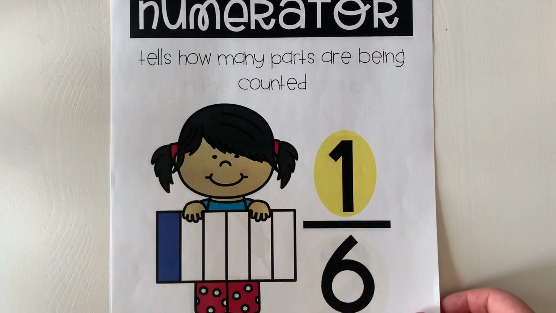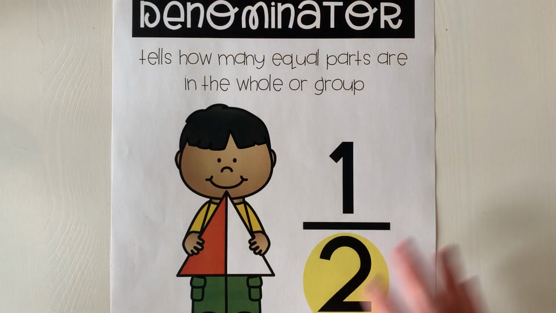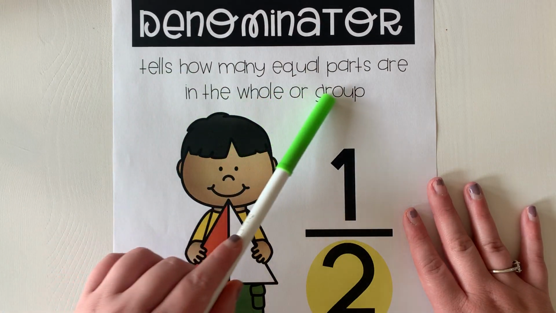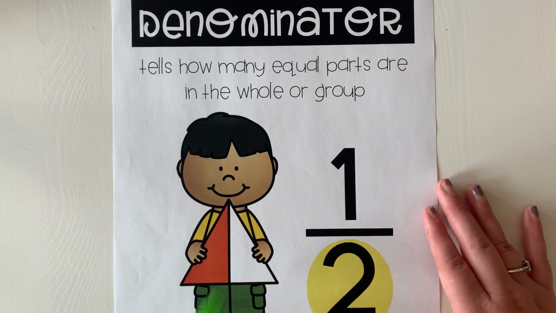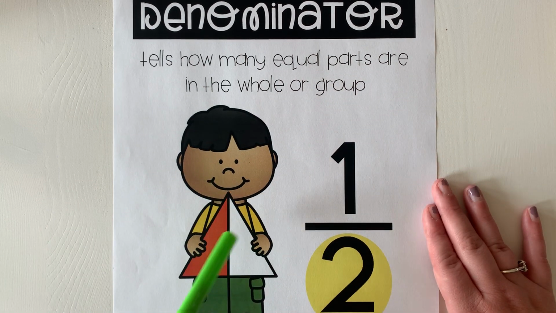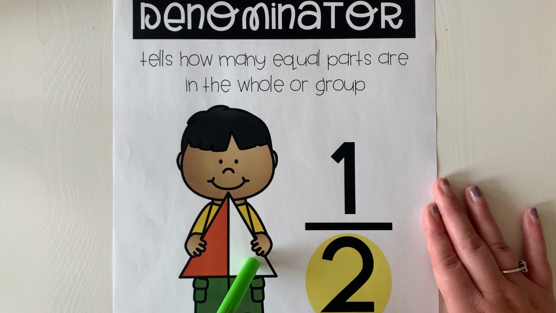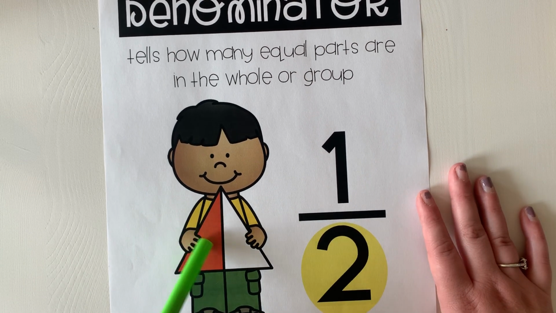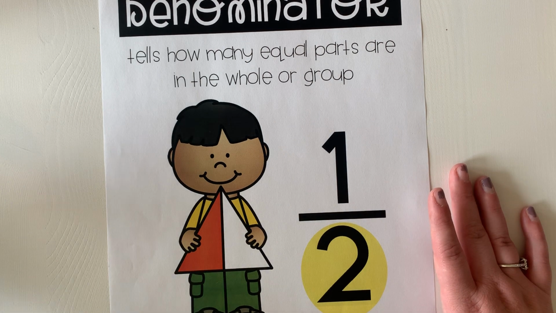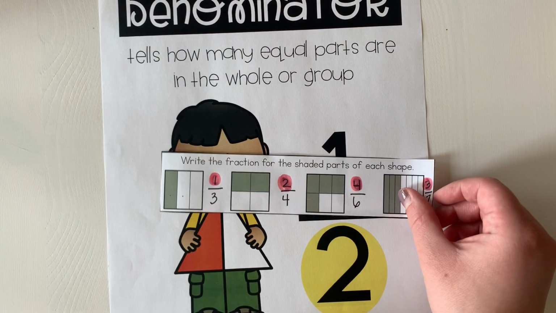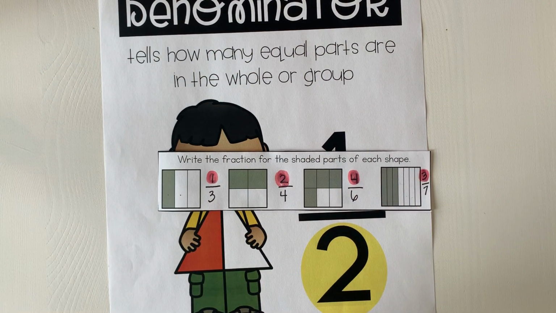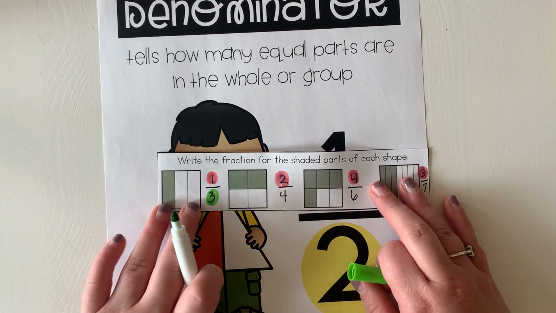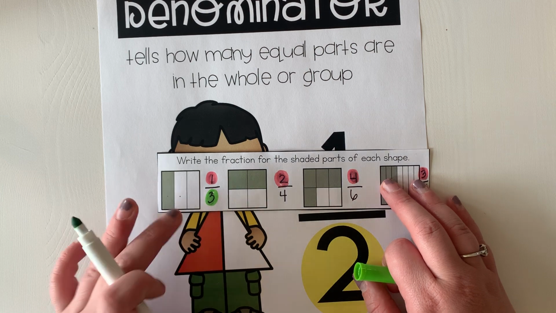Then, the other number, the total number, is the denominator. So the denominator tells how many equal parts are in the whole or group. So this triangle has 2 equal parts. So 2 is the denominator of this shape. So then for these ones, the denominator of the first one is 3, because this square is cut into 3 strips, 3 different parts.